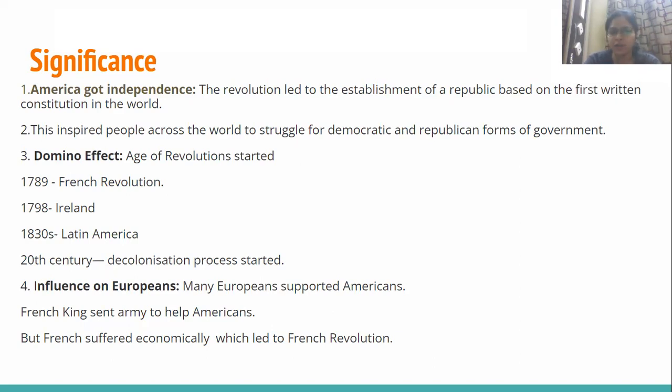So support in the American Revolution became one of the factors which led to the French Revolution, which we'll see in the upcoming sessions when we discuss the French Revolution. Okay, so these first four points: America got independence, became the first republic country of the world with the first written constitution, then the domino effect, and then the influence on Europeans.